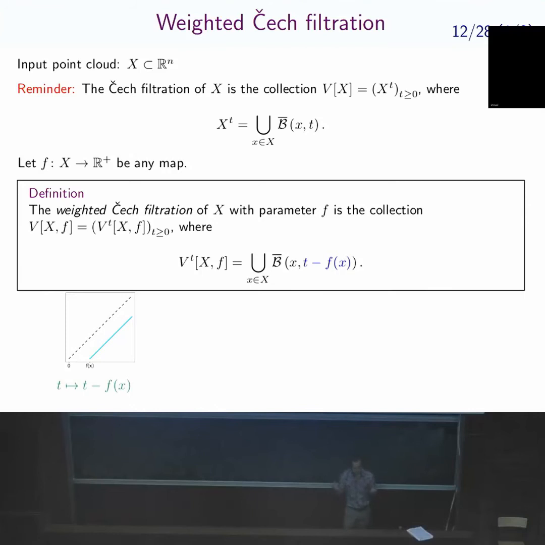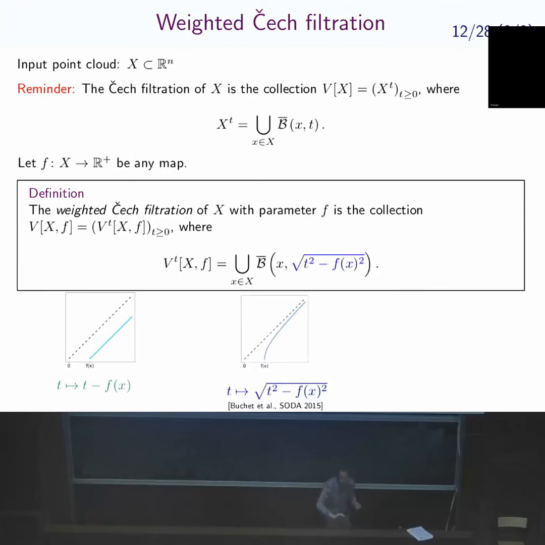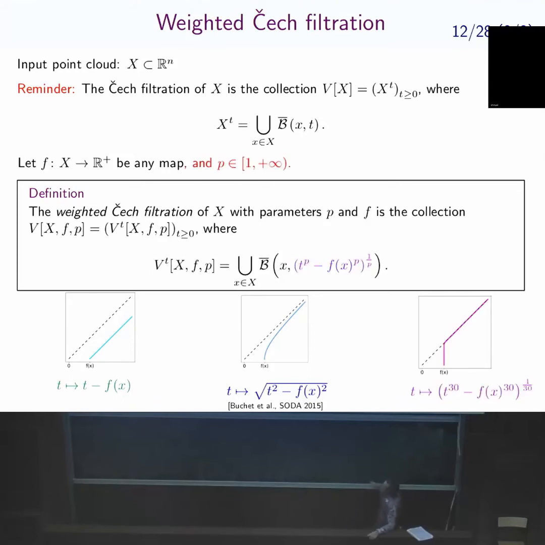This has already been studied some years before with this radius function, so we decided to generalize it. The actual weighted Čech filtration also depends on the parameter p, and the parameter p controls the radius functions.